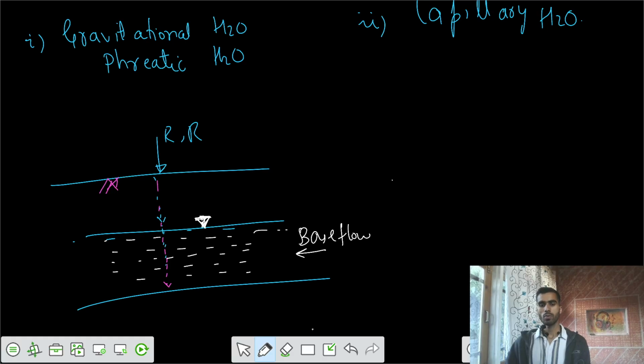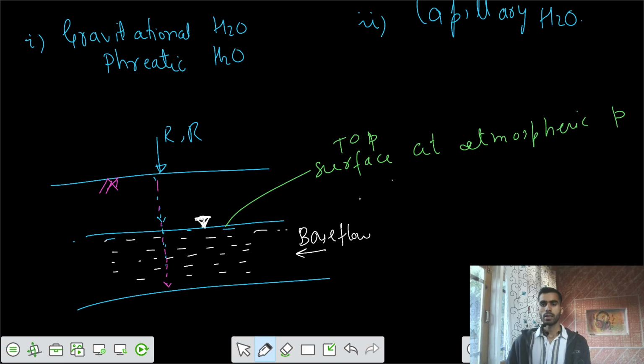So what is gravitational water? The top surface of the gravitational water is at atmospheric pressure, and if you take any point P, the pressure at that point would be the hydrostatic pressure.